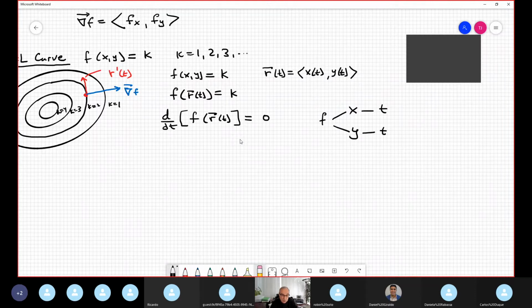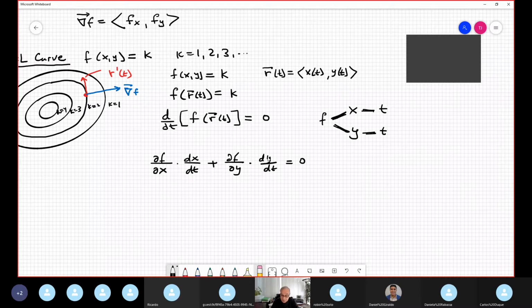According to the chain rule, we have derivative of f with respect to x, times derivative of x with respect to t, plus derivative of f with respect to y, times derivative of y with respect to t, and this is equal to 0.